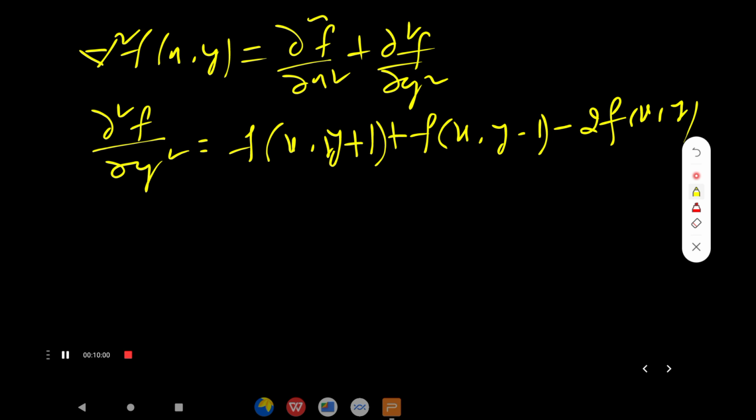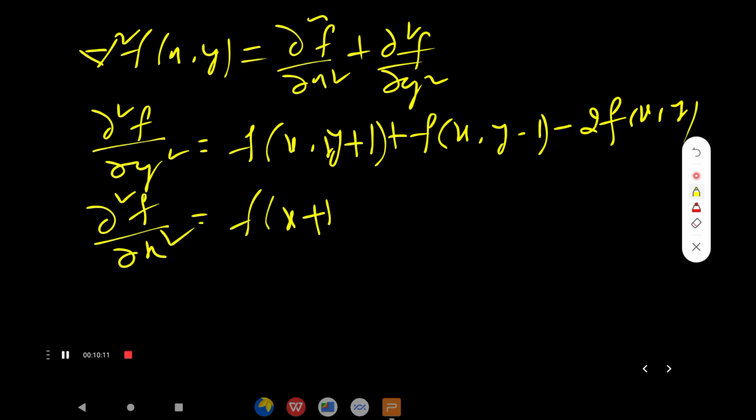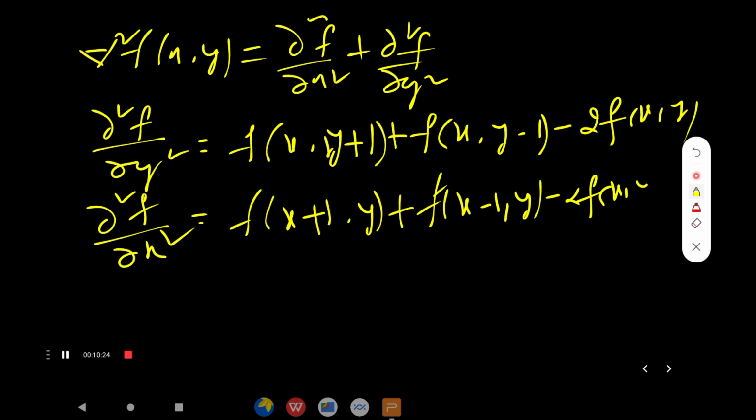This is the second order derivative with respect to y. At the same time, for the derivative with respect to x, it is f of x plus 1 comma y plus f of x minus 1 comma y minus 2 into f of x comma y, because x is the variable and y is a constant. This is the second order derivative with respect to x.